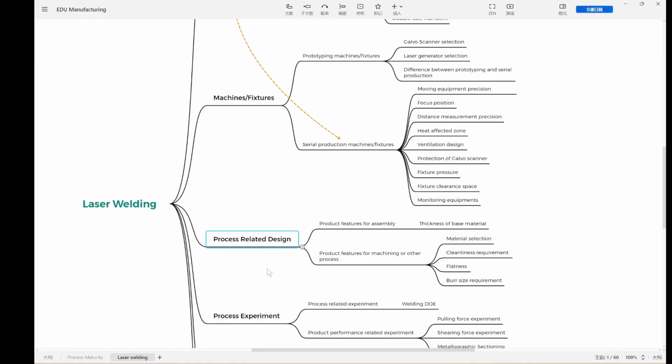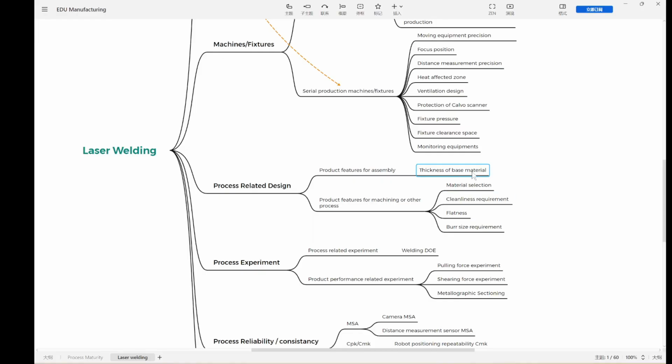Then the process-related design. For the features of assembly, R&D is going to give you the thickness of the base material, and you need to choose your powers carefully. And for the machining and other processes, there will be material selection.